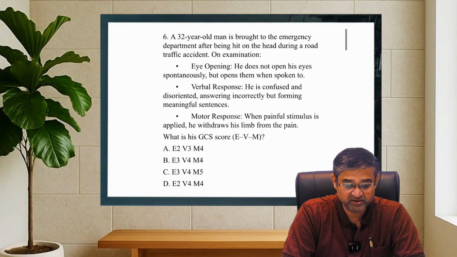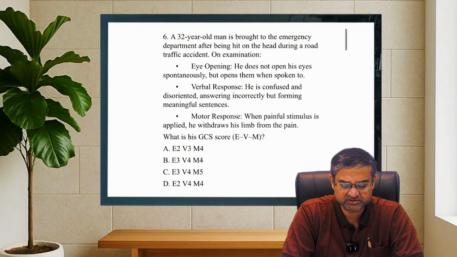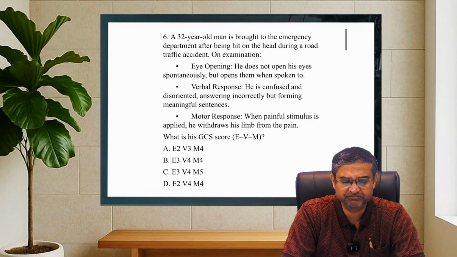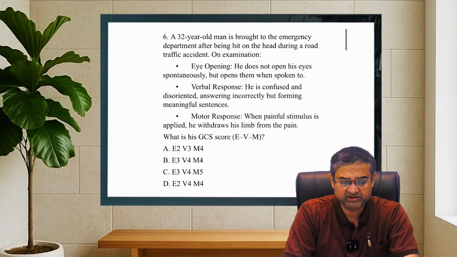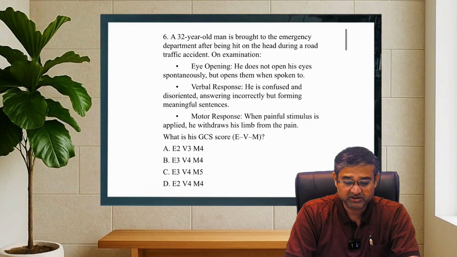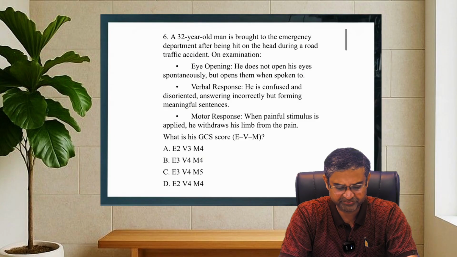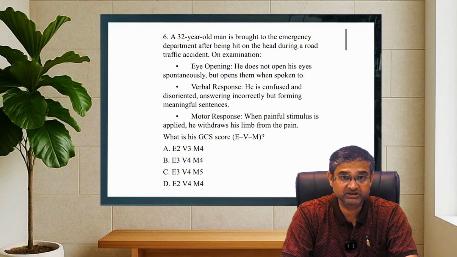So it's open on speech, that is E3. Verbal response is V4, that is he is confused but speaking meaningful sentences. And motor response is M4, that is withdraws from pain. I will explain GCS to some extent. If you could remember, just listen.